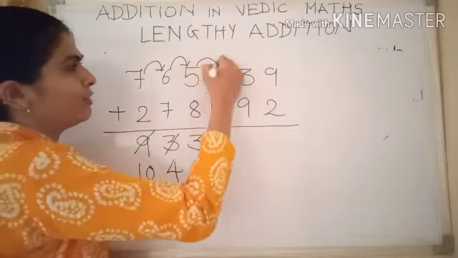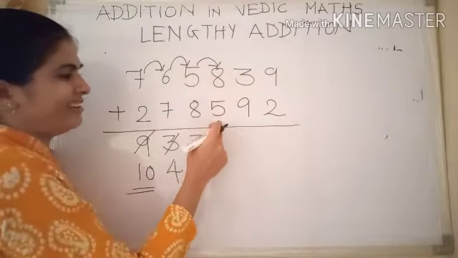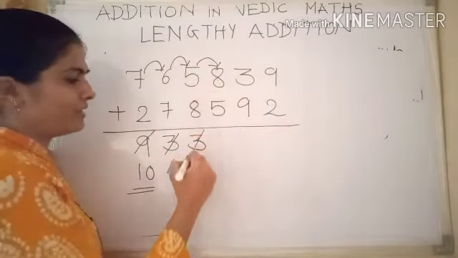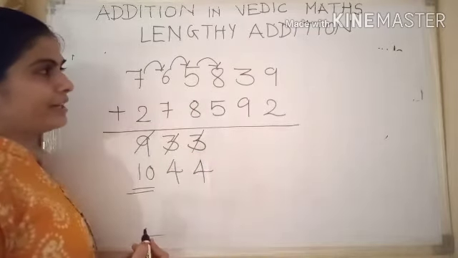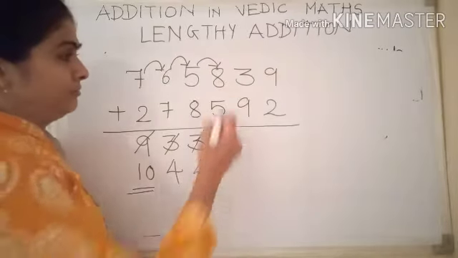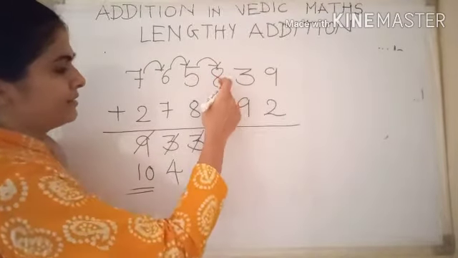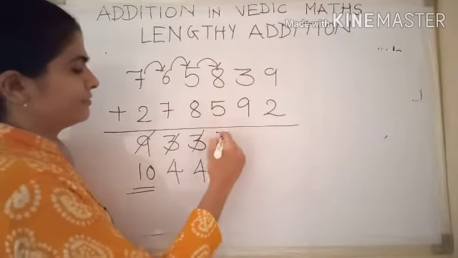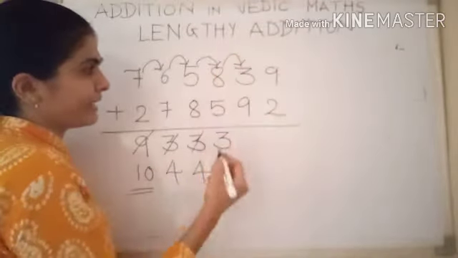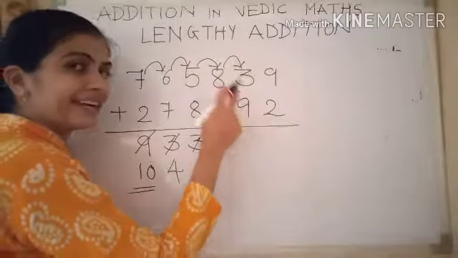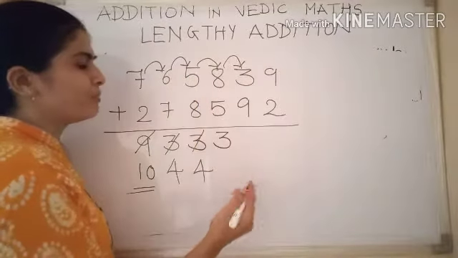But look at the next pair, 8 and 5 which is a carry combination. So instead of 3 we need to write down 4. Now next number is 8 and 5 which is 3. But look at the next pair, it is 3 and 9 which is a carry combination.